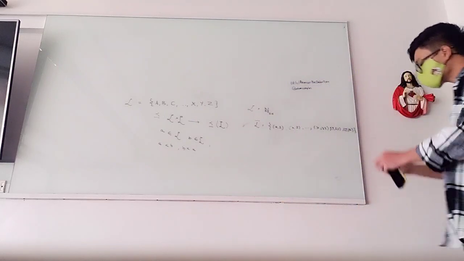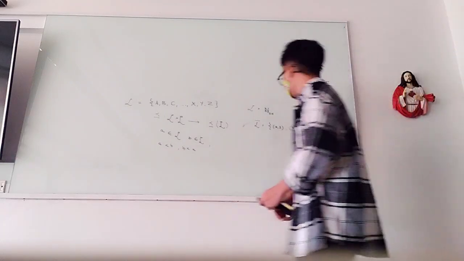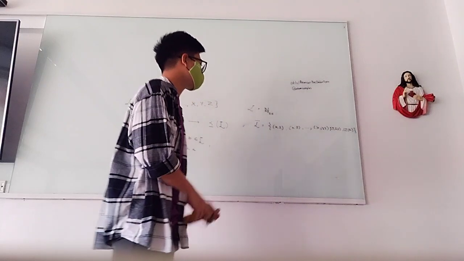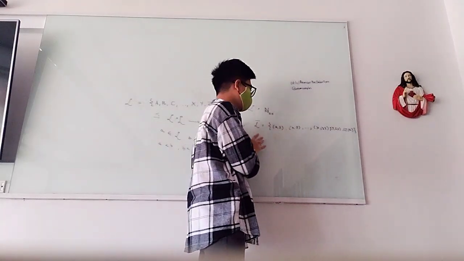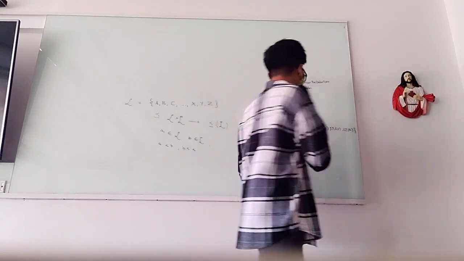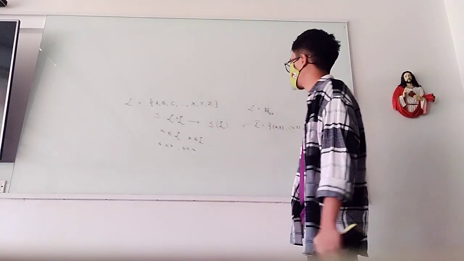The reason why I want to make it an ordered pair this time instead of just sets is because I want to reinforce the notion that on the left it's going to be the symbol, and on the right it's going to be its position inside our ordered set.